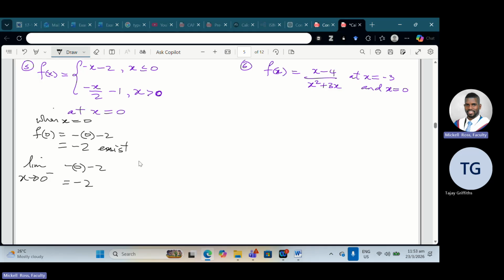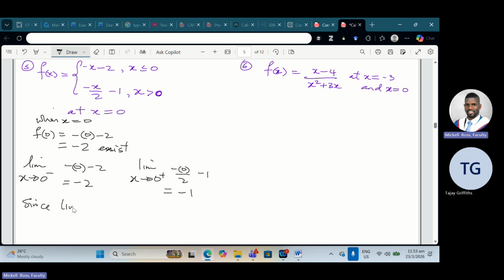So we just get negative 2. And the limit as x approaches 0 from the right-hand side, we're going to get negative of 0 over 2 minus 1. So we're going to get negative 1. So notice they are different.